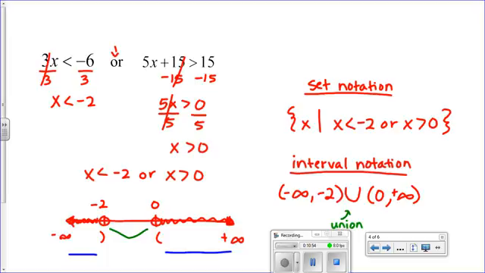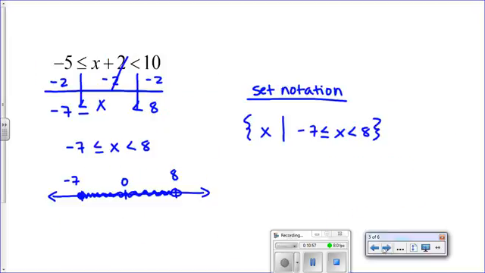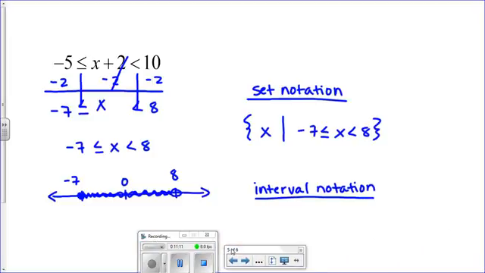So I have two intervals. So my interval, I have a bracket at -7 and parentheses at 8. This time I don't need to use infinity, because neither arrow is filled in, so I'm not using negative or positive infinity. I'm just using -7 to 8. That's my solution.